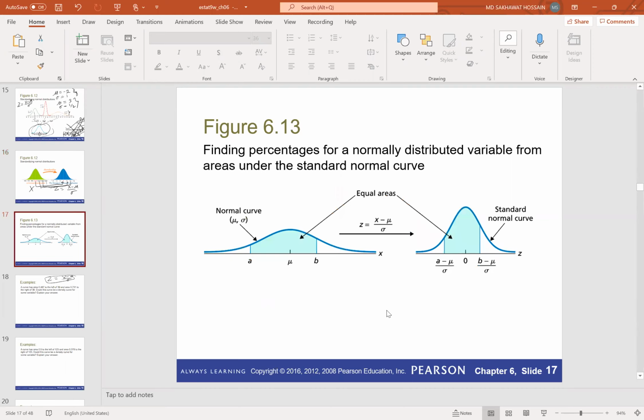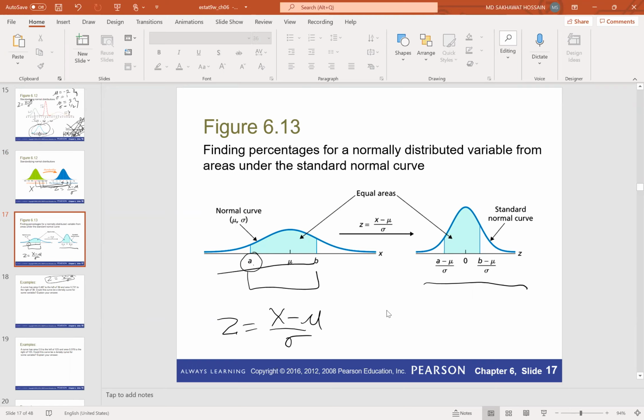Okay, finding a percentage for a normally distributed variable from areas under a standard normal curve. This is our normal curve, and this is our standard normal curve. If you want to find the area between two numbers, A and B, how can we find this area? First you need to convert to a standard normal distribution, using this formula, x minus mu over sigma.